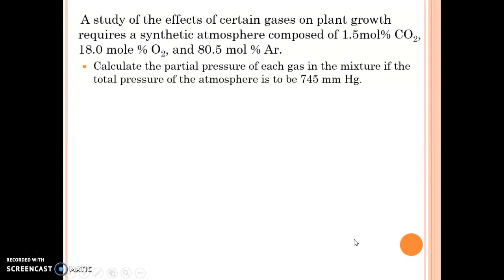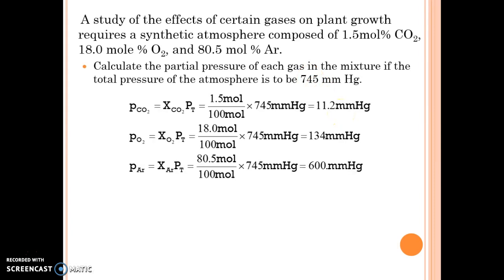Here's an example. You've got a study that says we want to look at a synthetic atmosphere and its impact on plant growth. You see the percentages that it has. If it's a percentage, we can say it's that many moles out of 100. We want to know what the partial pressures of each of these gases are if the total pressure is 745 millimeters of mercury.